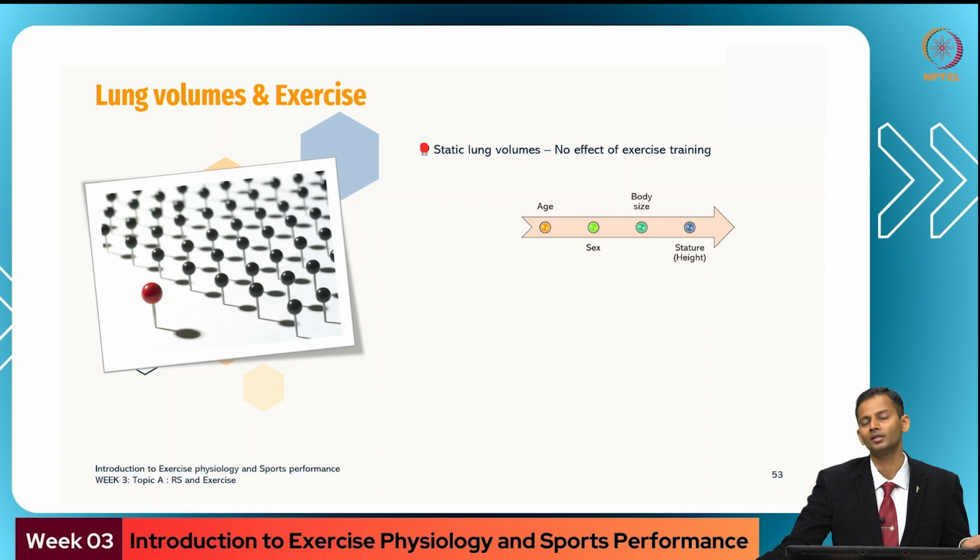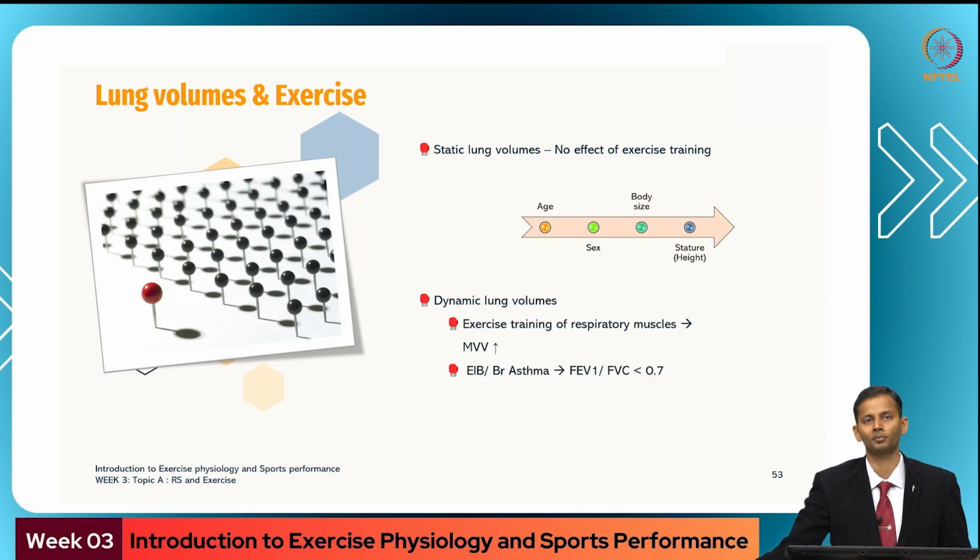It is in turn determined by the age, the gender, the body size, and the height of the individual. These all contribute to increase or decrease in the static volume. Thus there is no relevance with respect to exercise training in terms of static volume.